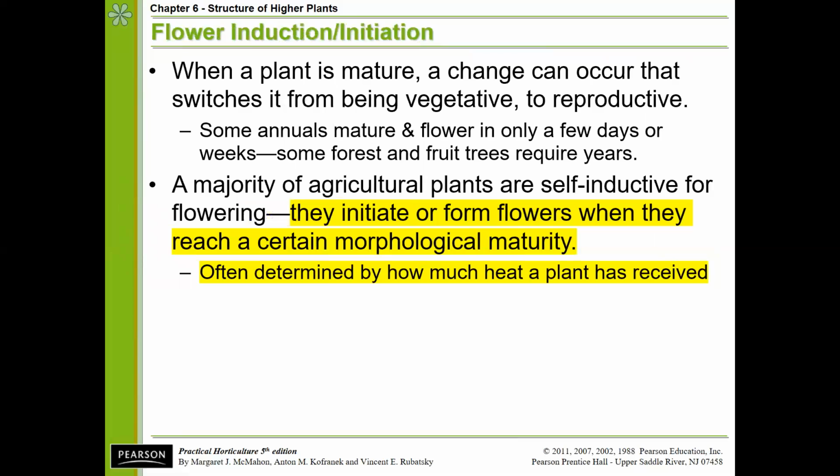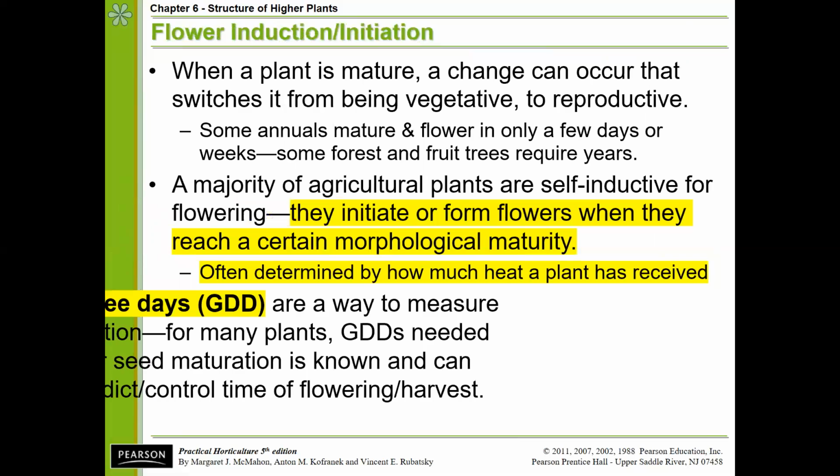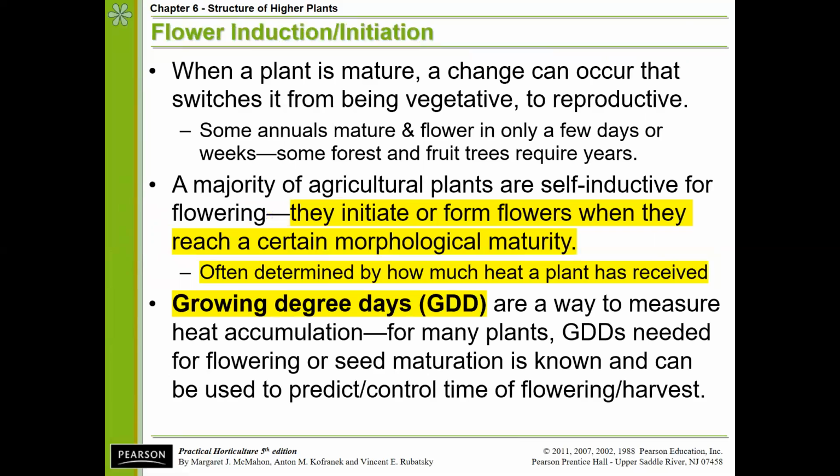Most of our agricultural plants, most of our crops actually initiate or form flowers as a result of morphological maturity. So once they get to a certain height or a certain stage, they switch over to reproductive stages. And that is often determined by how much heat is received by the plant.